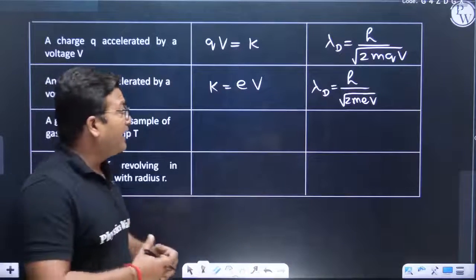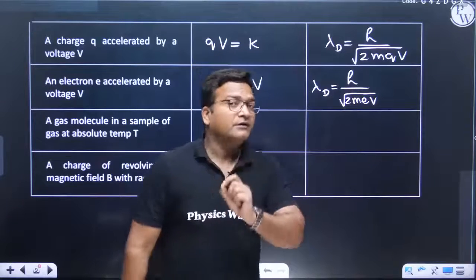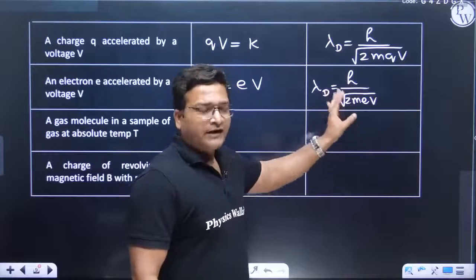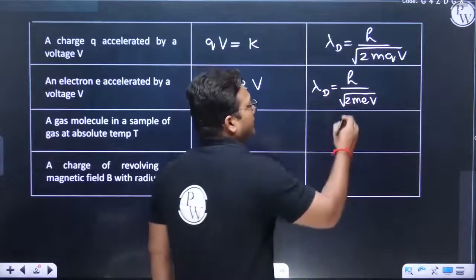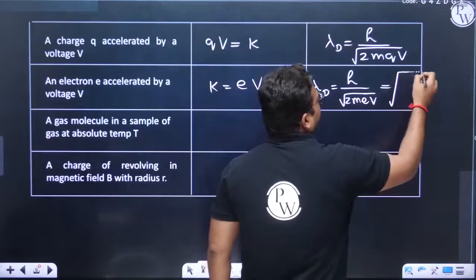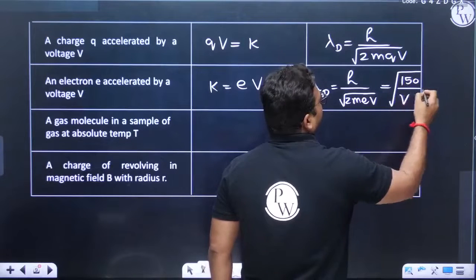So if we place all the values of h, m and e, remember this is a very important point, and convert into angstrom, this is equal to nearly 150 divided by root V angstrom.